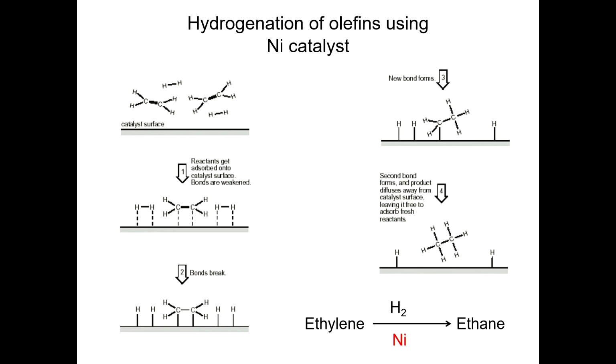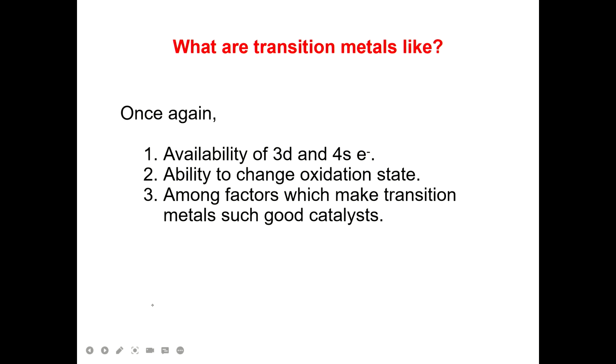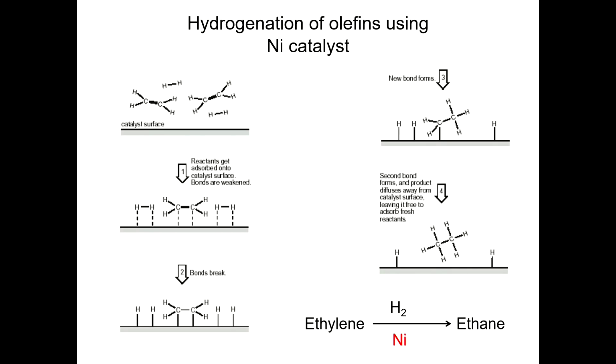So firstly, the nickel accepts the electrons from the hydrogen and the carbon. In this way, the hydrogen bond is easily broken, and one carbon bond is also broken. When they break, they become active atoms, and then they easily form a carbon-hydrogen bond.